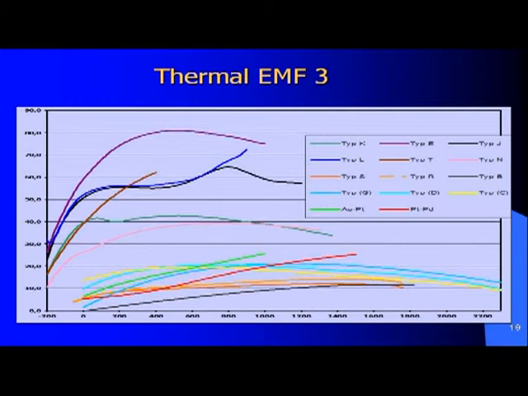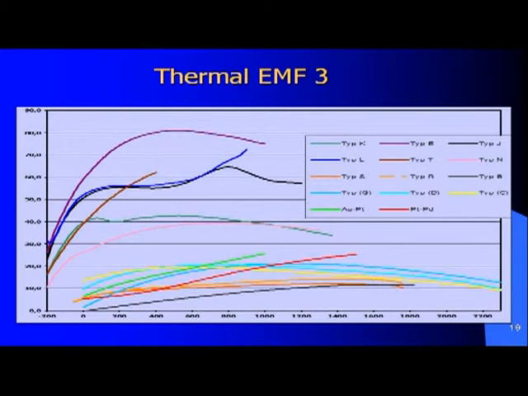We seldom found wire combinations which are, let's say, half of it, 0.5%. And anyway, in the first heating cycle, there is a recrystallization effect.